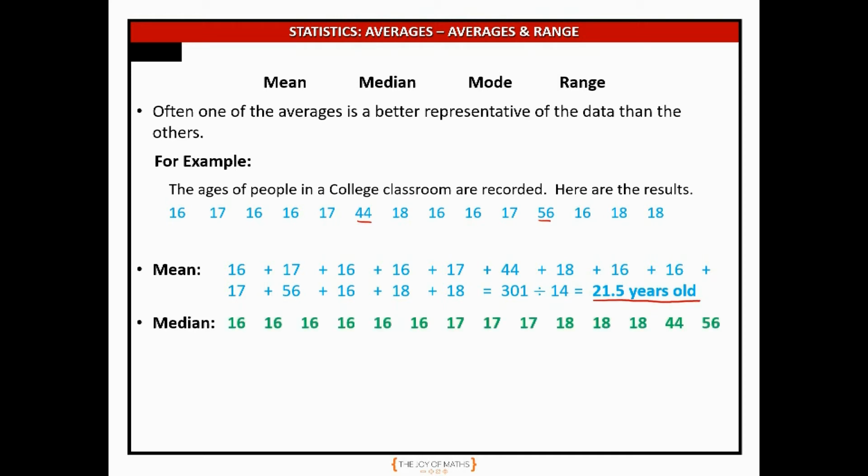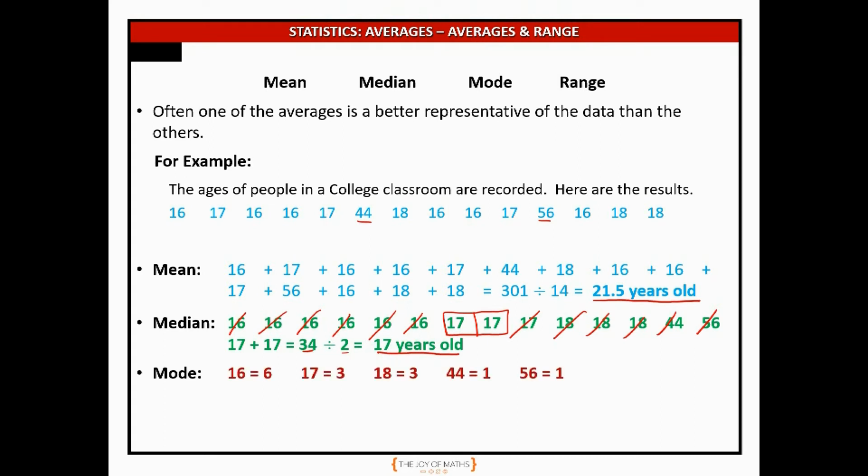If we have a look at the median, like I said, we've got to put all the data in order, and then we can start striking off from either end until we get to the middle value. On this occasion we have two values in the middle, so as we've discussed, we add them both together, which gives us 34, divide that by 2, and that leaves us with 17 years old.